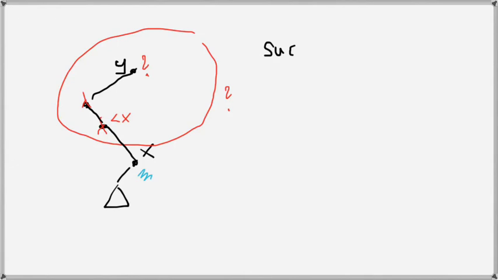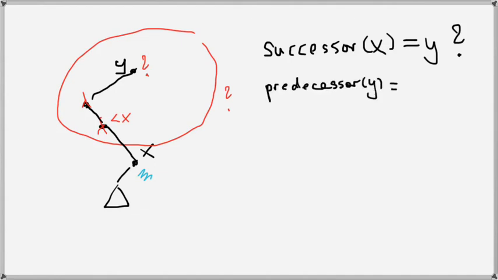So is this node y the successor of x? We can look at it the other way around. Let's look for the predecessor of y. For the predecessor of y, there is a left subtree. Just as the successor is the leftmost node in the right subtree, the predecessor is the rightmost node in the left subtree, so the maximum in that subtree.